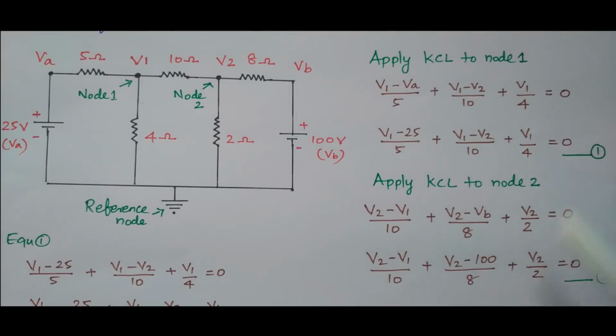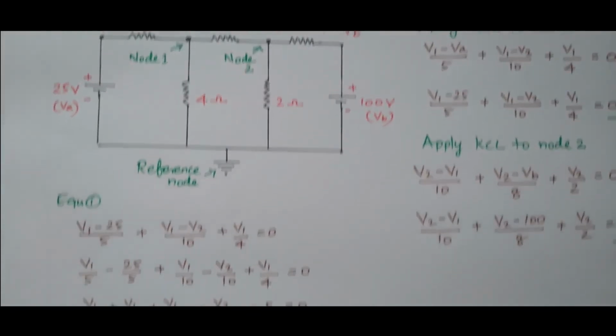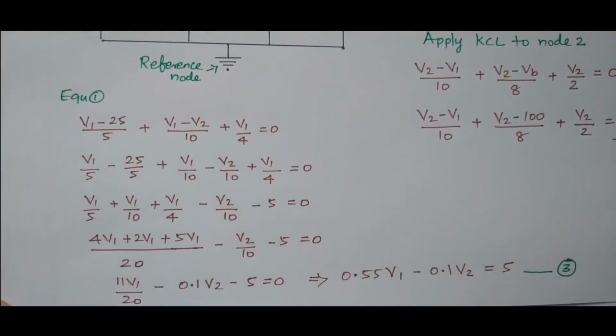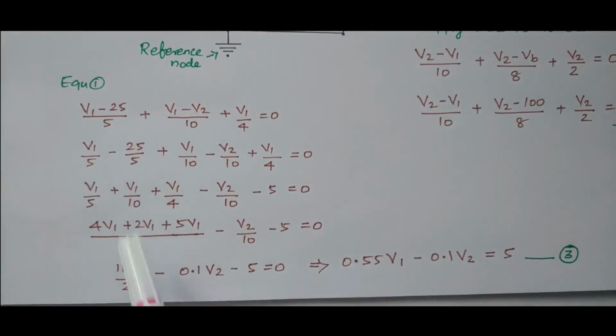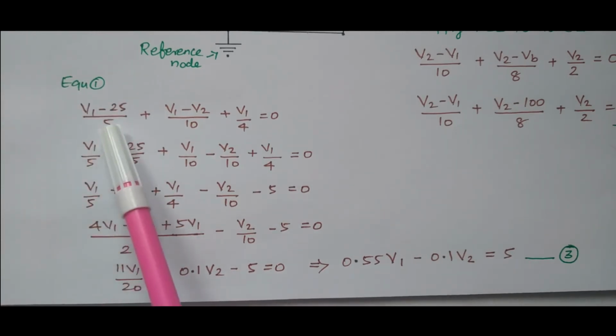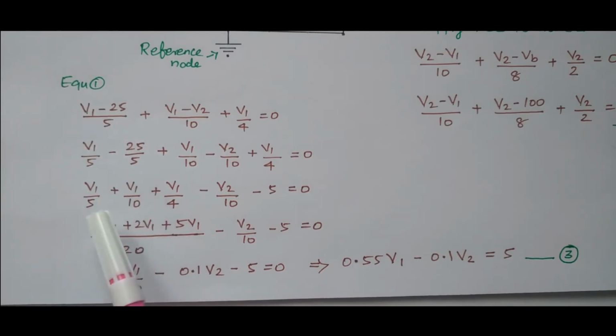Before solving equations 1 and 2, we will simplify them. Consider the first equation: V1 minus 25 by 5, plus V1 minus V2 by 10, plus V1 by 4 equals 0. Now we'll split this: V1 by 5 minus 25 by 5, the denominator is split here.